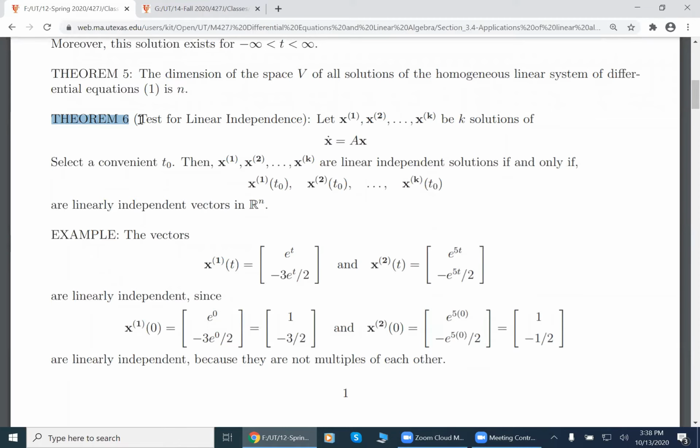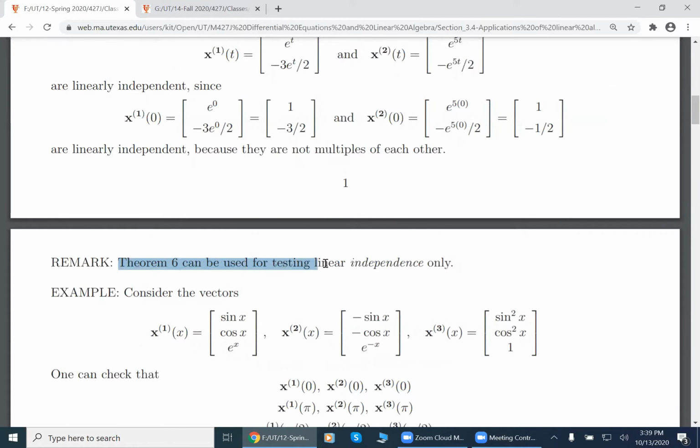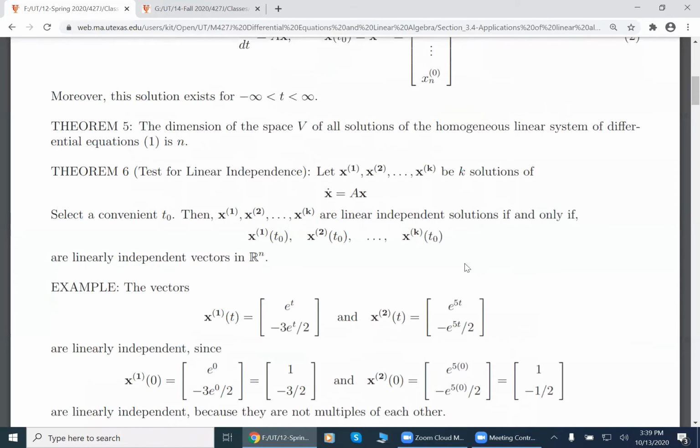Important remark. Theorem 6 can be used for testing independence only. We cannot use it to test dependence. One can say, why is that? This is an if and only if statement.